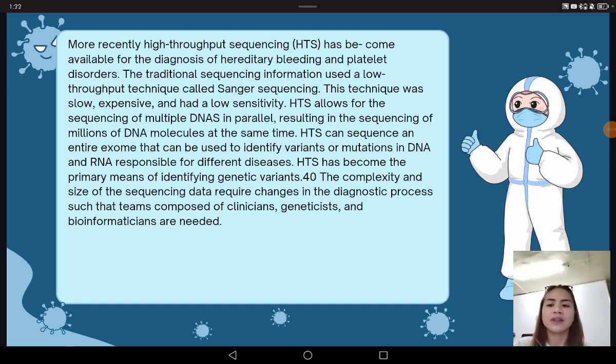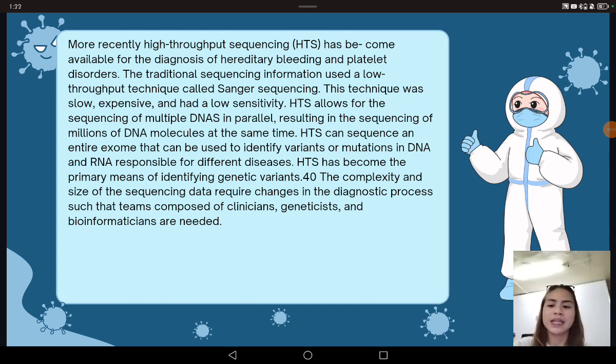HTS allows for the sequencing of multiple DNAs in parallel, resulting in the sequencing of millions of DNA molecules at the same time. HTS can sequence an entire exome that can be used to identify variants or mutations in DNA and RNA responsible for different diseases. HTS has become the primary means of identifying genetic variants.